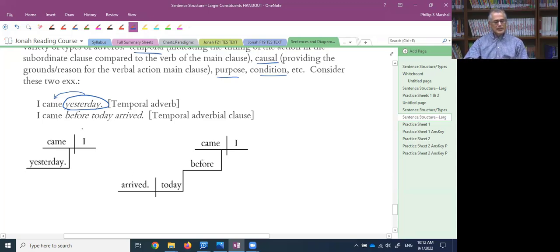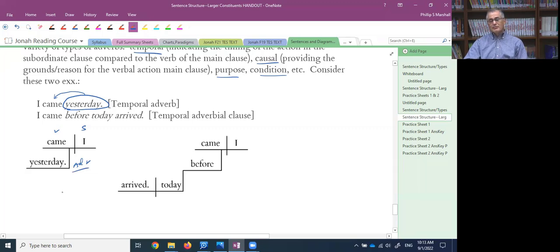In our sentence, I have subject and verb, and yesterday is not an object. It's not a direct object. The verb came is not transitive. It doesn't take an object, it's intransitive. So this verb doesn't need an object, but it does take a modifier in the form of the adverb yesterday.